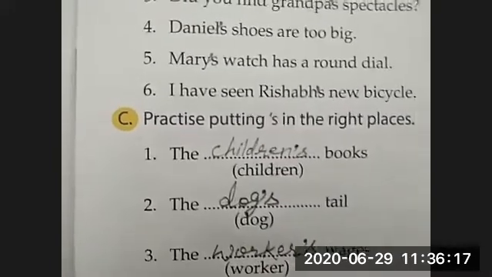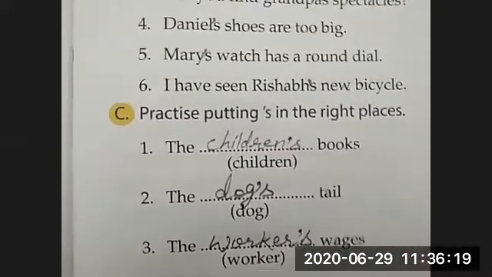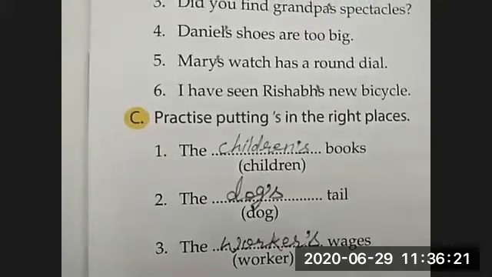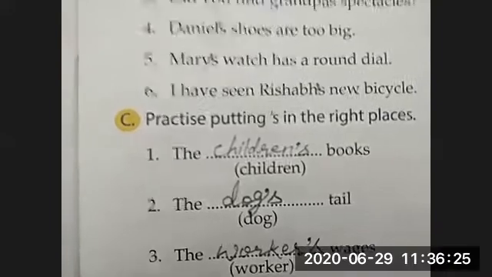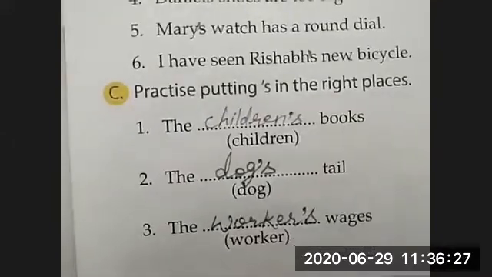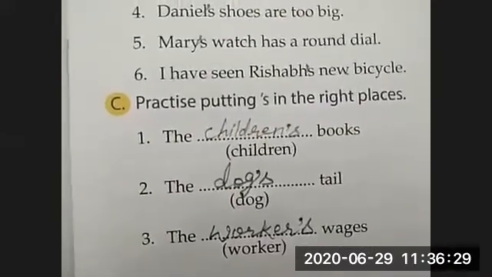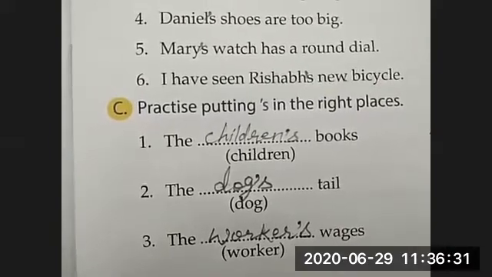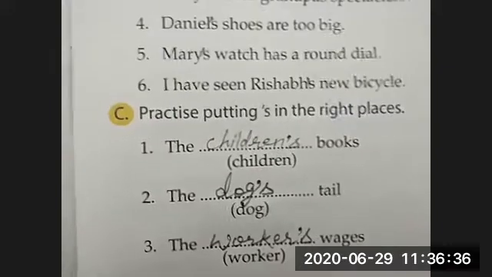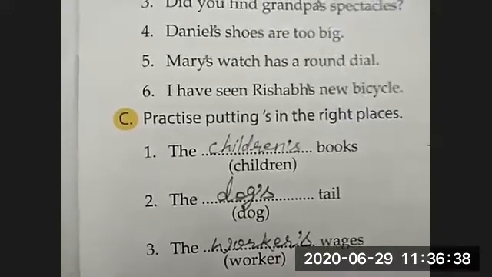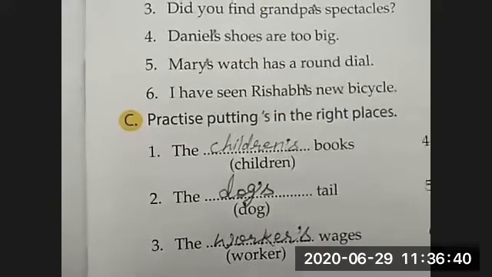Children, we use apostrophe to show that something belongs to someone. That's why we use apostrophe. When we use apostrophe, we add s with the singular noun.